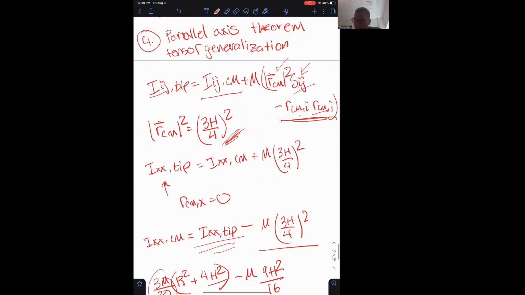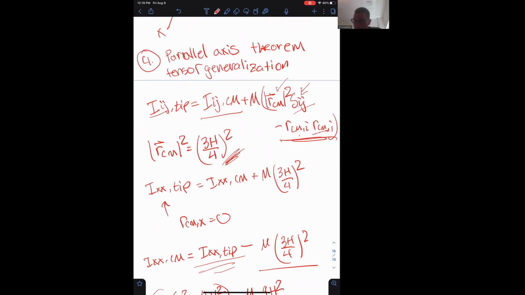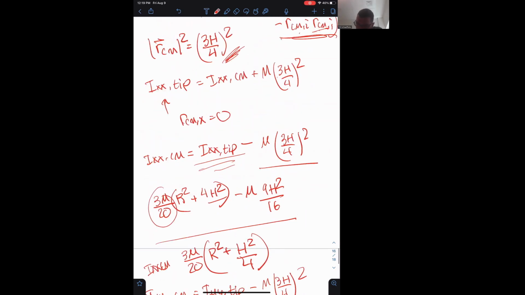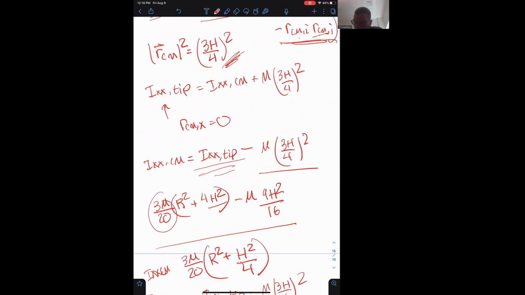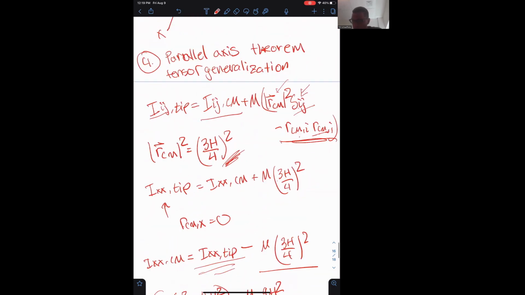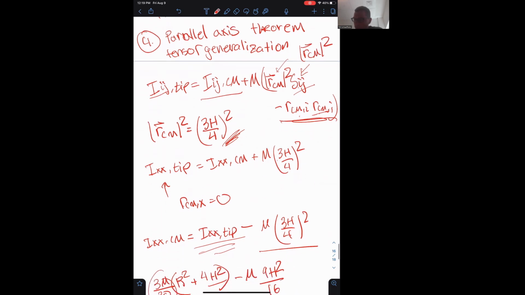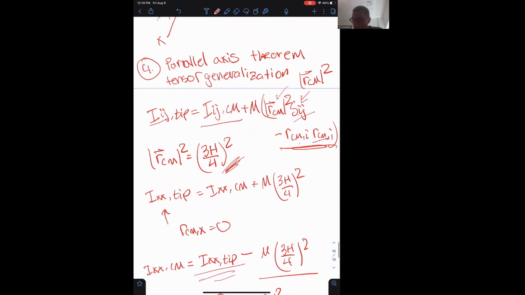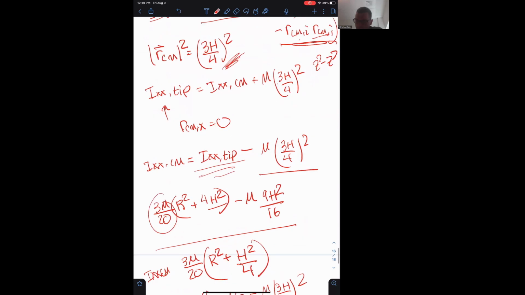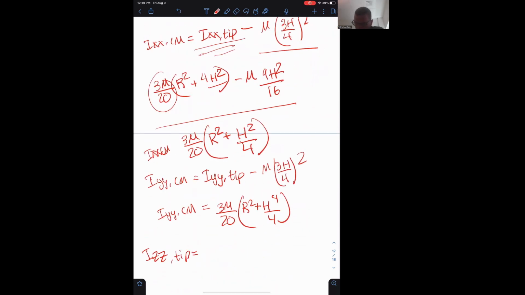And you can just see the last diagonal element is I zz, and that is equal to, so z is equal to z, so you give it this first part, so you get c r squared minus zz, which zz is the only component that's non-zero again, so you get z squared minus z squared, so you get 0, which means that I zz tip is equal to I zz center of mass.